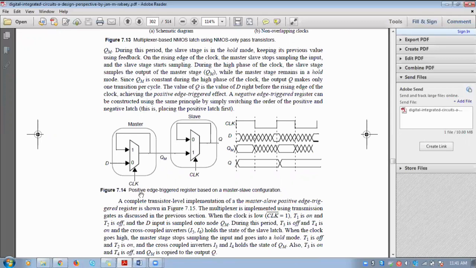This positive is purely based on the slave configuration. So when I am telling it is a positive edge triggered register, your slave should be a positive latch and your master should be a negative latch.